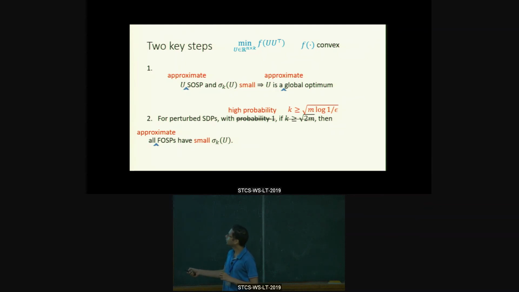I'll first talk about the second part, and then briefly about the first part. The second part is that all approximate first order stationary points have small smallest singular value.